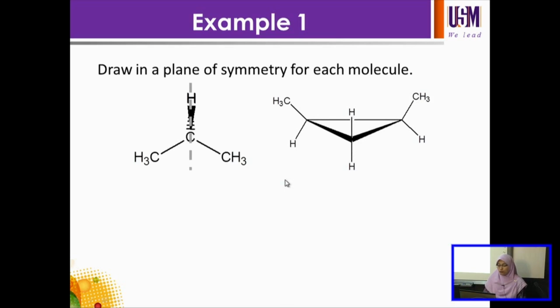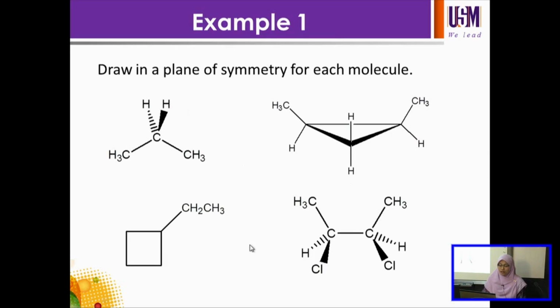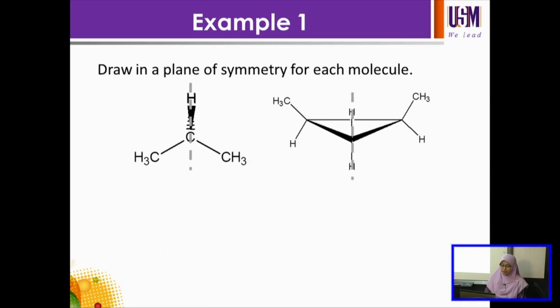For molecule number 3, here it may not seem obvious to you. What you can do here is draw the molecule in a 3D structure. So you take the hydrogen out, and you can place the plane of symmetry in the middle here.